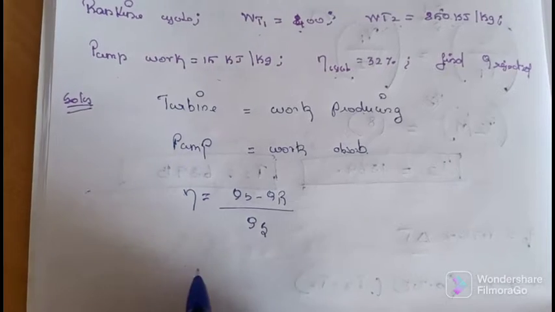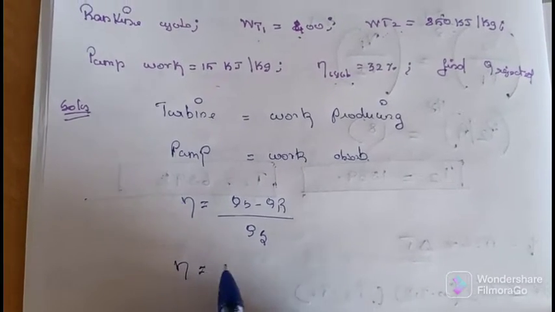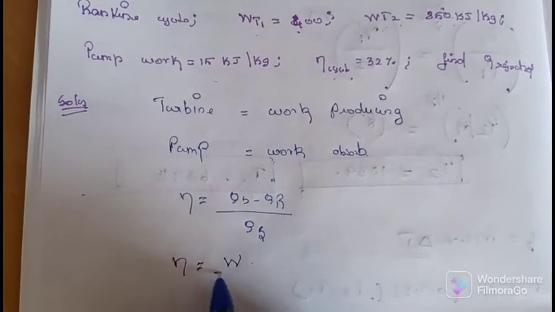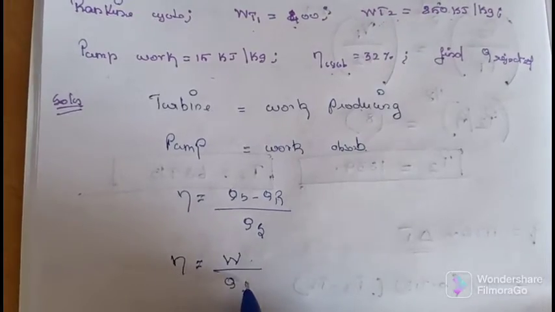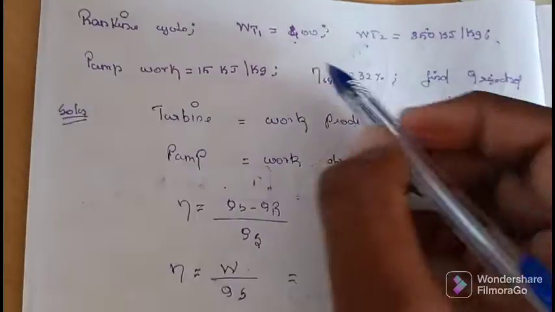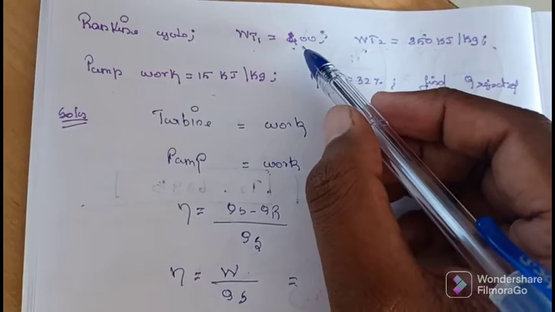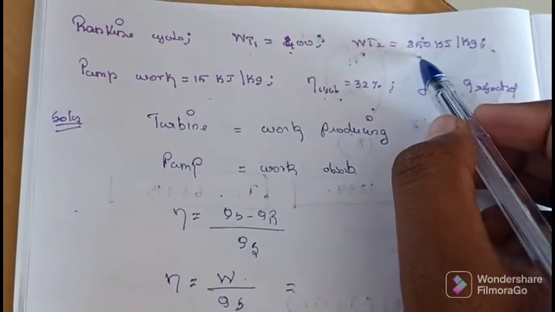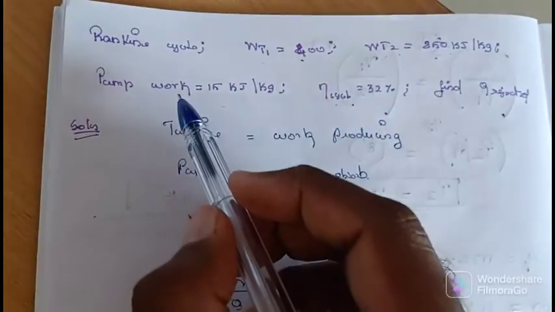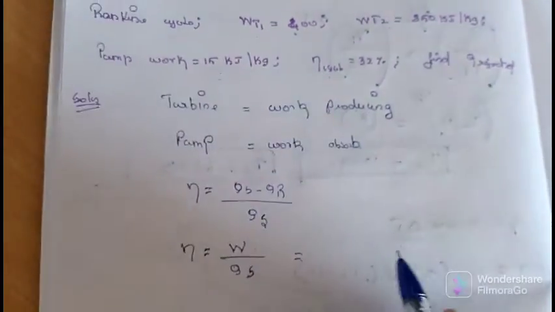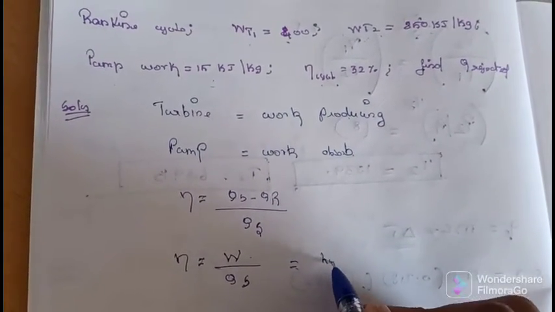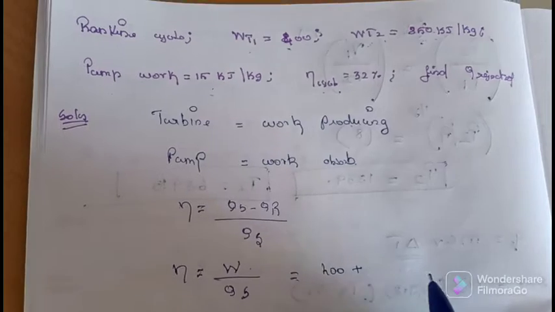So the efficiency of the cycle is work done divided by heat supplied, right? Here three work dones were given. First one is 400, second one is 850, both are turbines, and the third one is 15, which is a pump. As the first one comes from a turbine, we use the positive value.